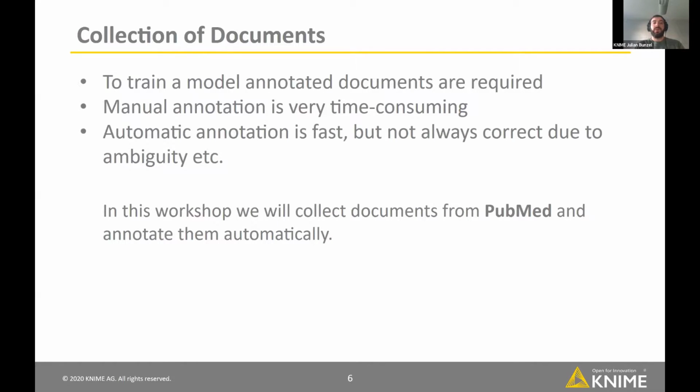There are two different ways to annotate documents. One way would be the manual annotation, which is very time consuming. And another way would be the automatic annotation, which is more error prone, for example, due to ambiguity, but it's much faster. And in this workshop, we will collect documents from PubMed and use automatic annotation, since I want to show you how to easily train an NER model with low effort.